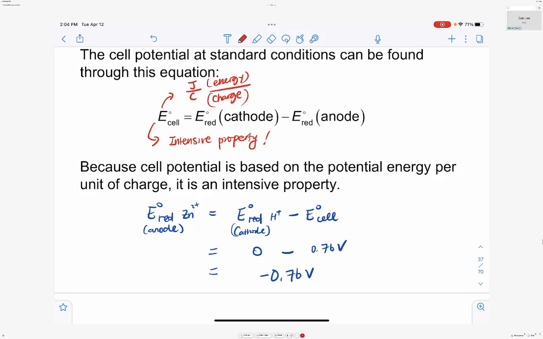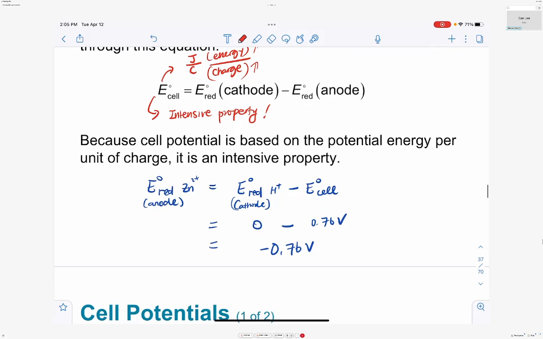If we increase the amount of substance in a redox reaction, we increase both energy and charge, so the ratio remains constant. So changing the stoichiometric coefficient in a half reaction does not affect the value of standard reduction potential.